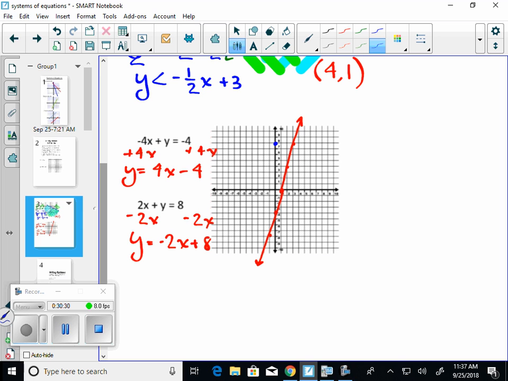And then I go down 2 over 1, down 2 over 1. And I can see clearly I'm going to have an intersection point. My solution will be at 2, 4. Make sure you glue this in.